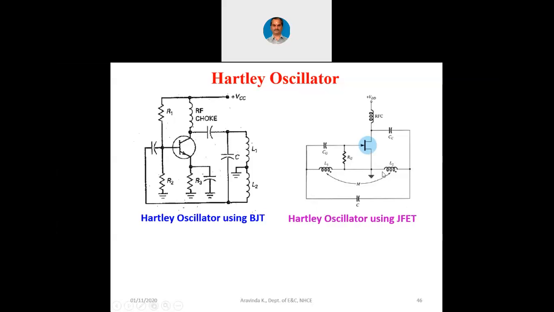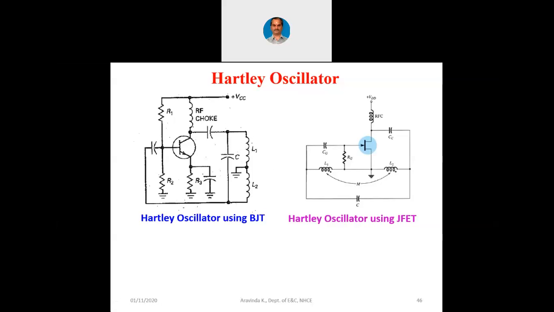Only thing is he has mentioned the output side inductance as L2 and input side as L1, whereas in the circuit which you see on the left hand side, output side inductor is called L1 and input side is called L2. In fact, the left side circuit I have taken from the book Malvino, and the right side circuit I have taken from the book Boylestad. That's all.